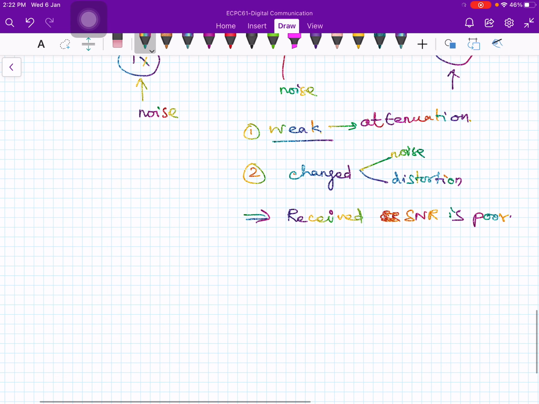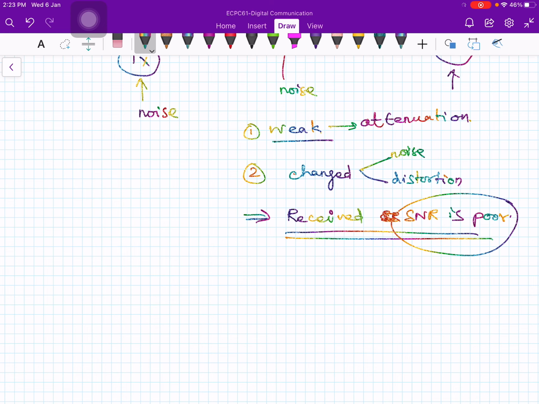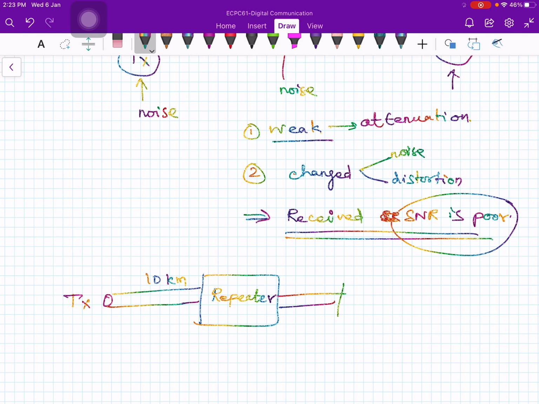Now to overcome this drawback, this low or poor received SNR, what we do is put a repeater. See, this is your transmitter. You take a channel and here you put a repeater, maybe every 10 kilometers you put one repeater.